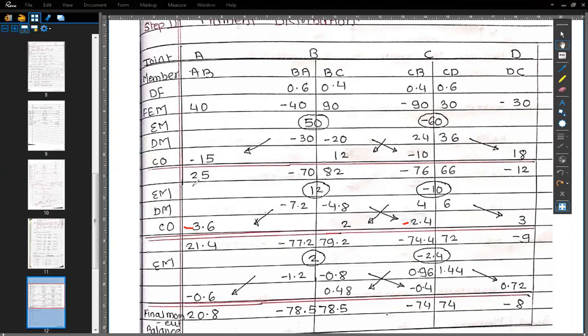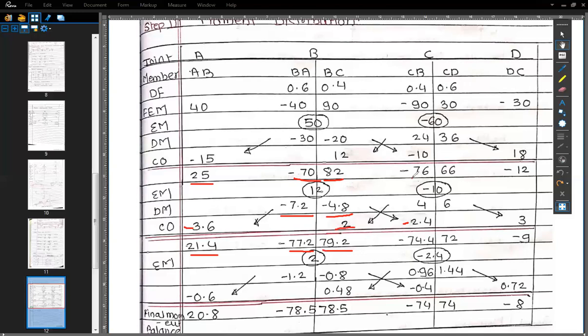So we are going to add up this 24 and minus 3.6, that is 21.4, which will be the movement which is still to be balanced. And moving on, minus 70 minus 7.2, that is minus 77.2, then 82 minus 4.2, and plus 2, that is 79.2.